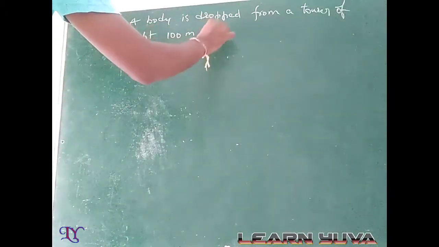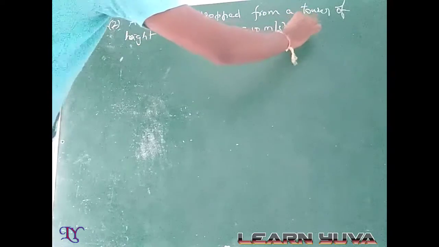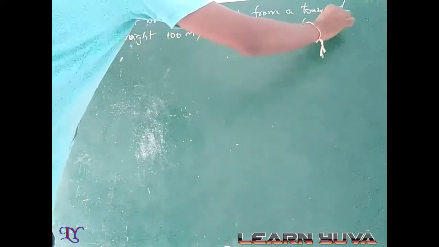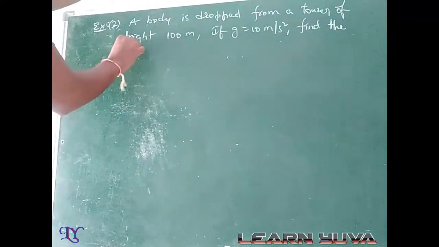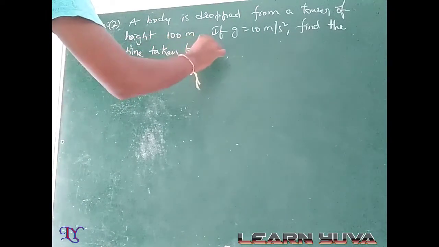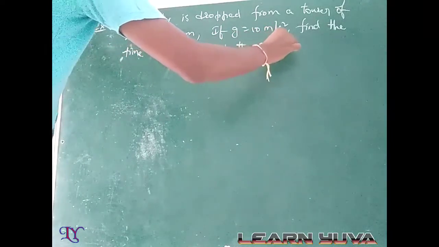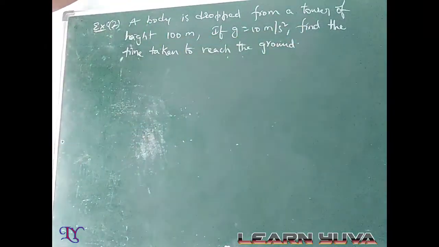If g is equal to 10 meter per second square, find the time taken to reach the ground. Here we have to find out the time taken.